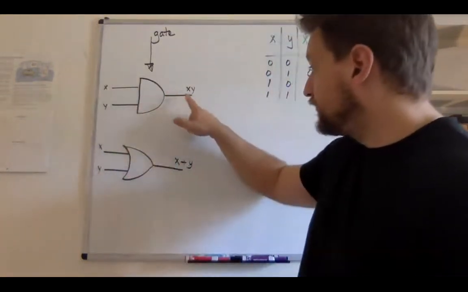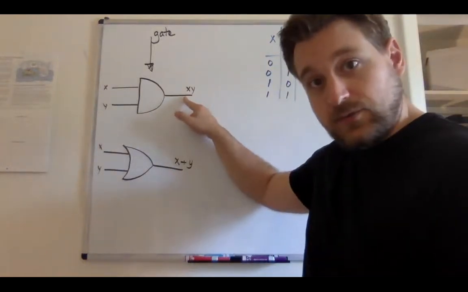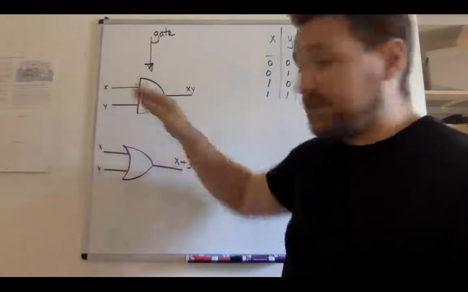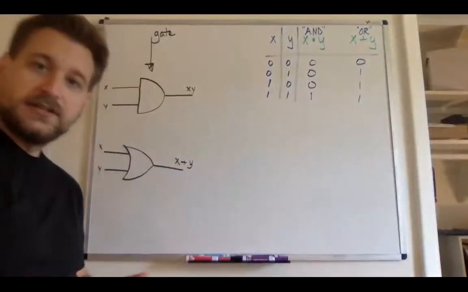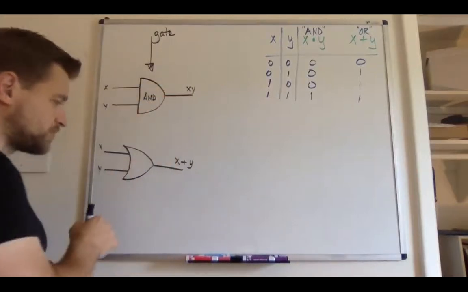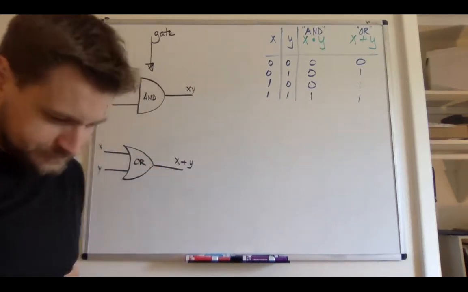We could use this signal as the input to another gate if we wanted. But each time we see a gate, it's doing the thing that it represents. The semicircle is and, and this sort of spaceship thing is or.